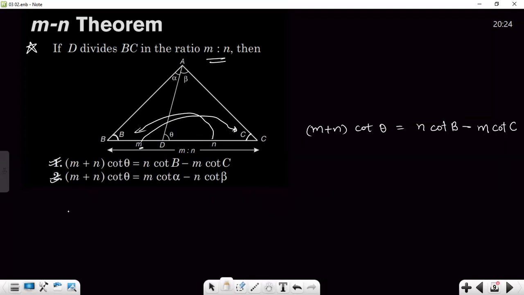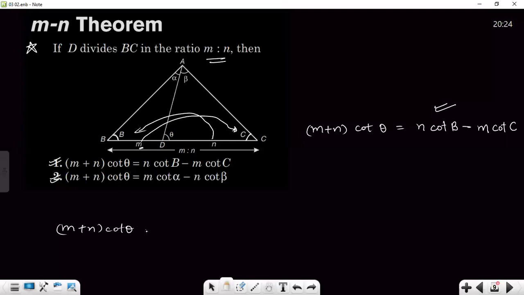Another formula is different. M plus N into cot of theta. And now remember why N cot beta is written first, because it is nearer to theta.